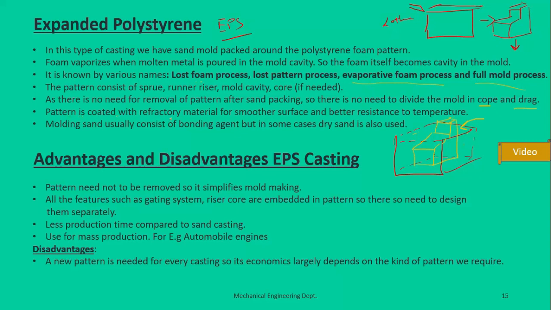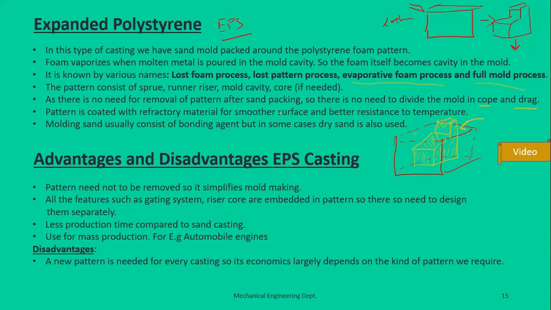The pattern is coated with a refractory material for a smoother surface and better resistance. So we coat the surface of the pattern with some refractory material, because this surface will be in contact with the sand and will make the surface of the part as well.